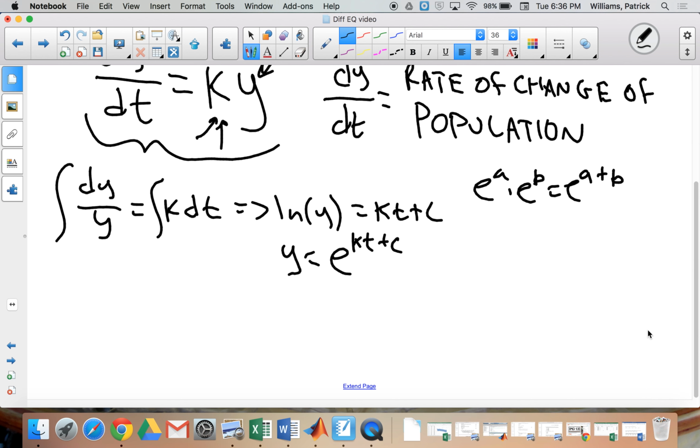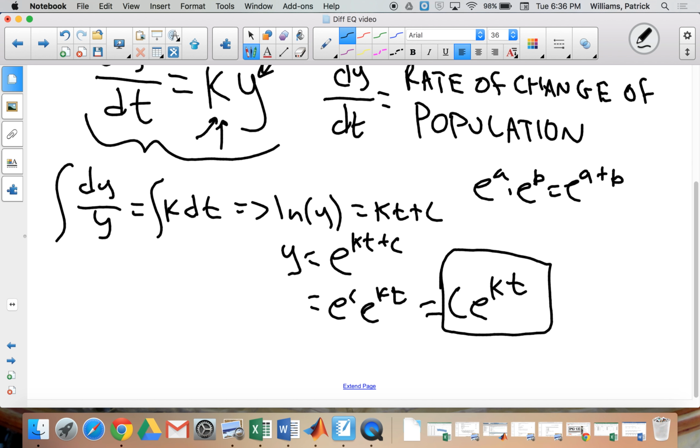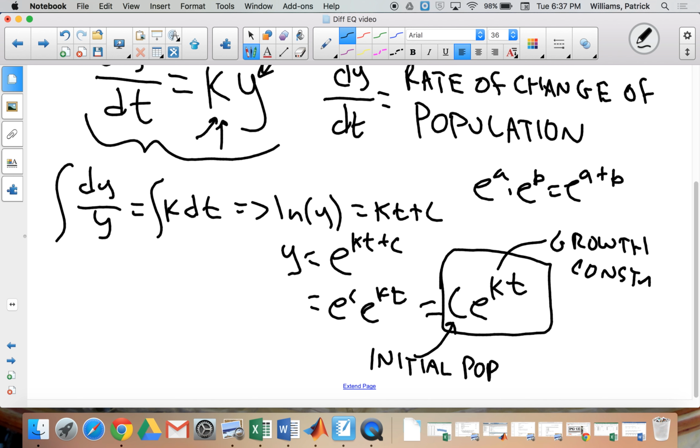So what we get is c e to the kt, and now that looks a lot like the Pert equation, although we didn't put an r and we didn't put a P. But recall that this value c is going to be the initial population. And then k is called the growth constant. And t is obviously time.